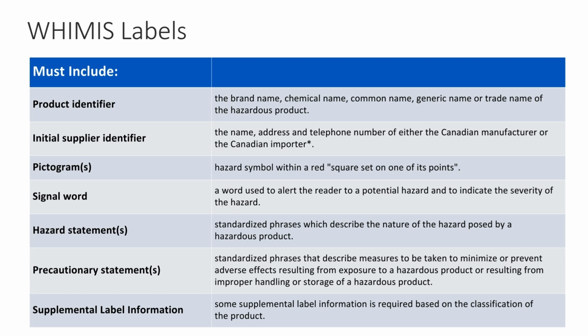Hazard statements, standardized phrases which describe the nature of the hazard posed by a hazardous product. 6. Precautionary statements, standardized phrases that describe measures to be taken to minimize or prevent adverse effects resulting from exposure to a hazardous product or resulting from improper handling or storage of a hazardous product. And lastly, supplemental label information.